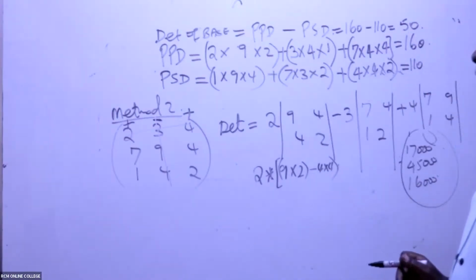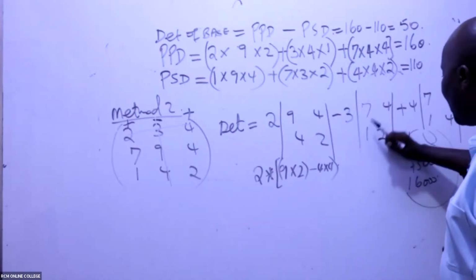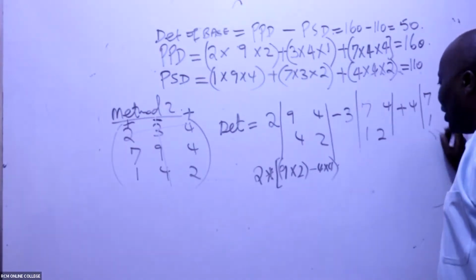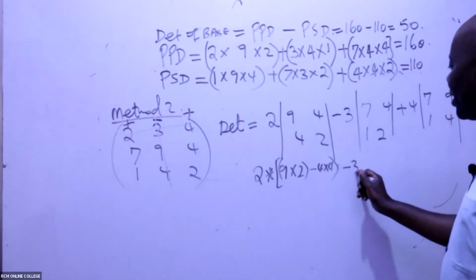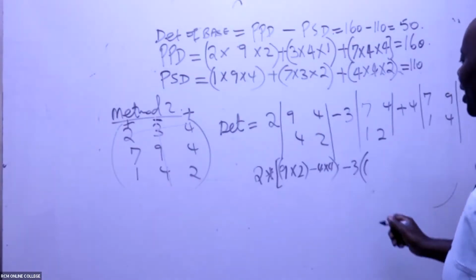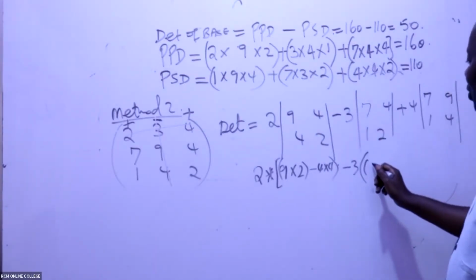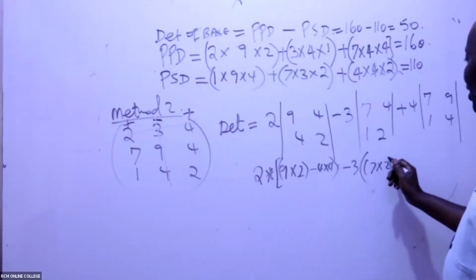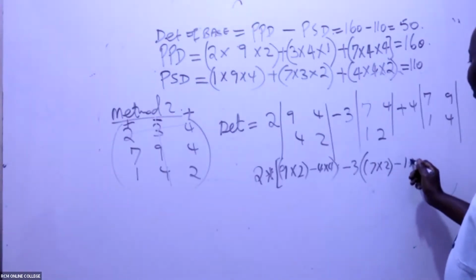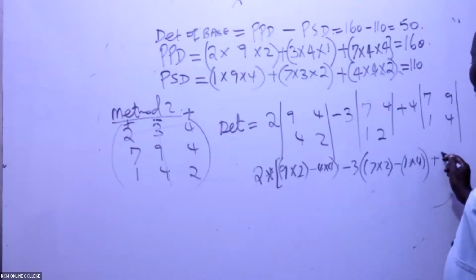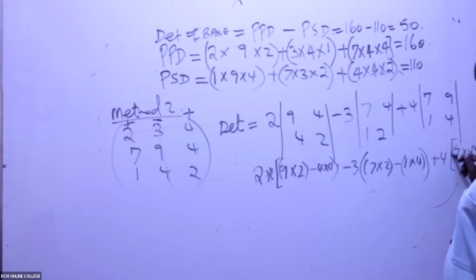And then you continue. The next one will be minus 3 into 7 times 2, minus 1 times 4. Plus 4 into 7 times 4, minus 1 times 9.